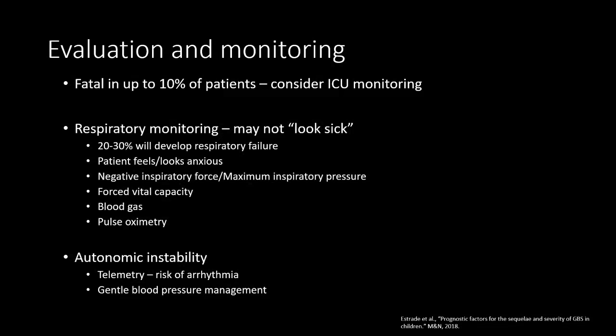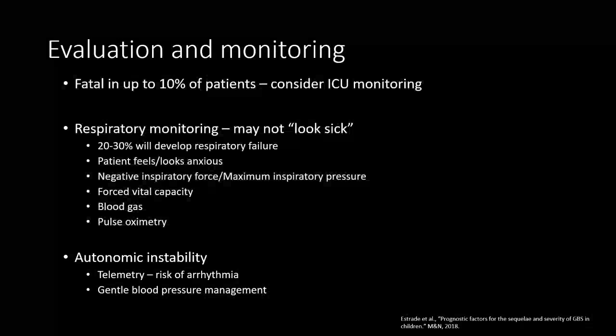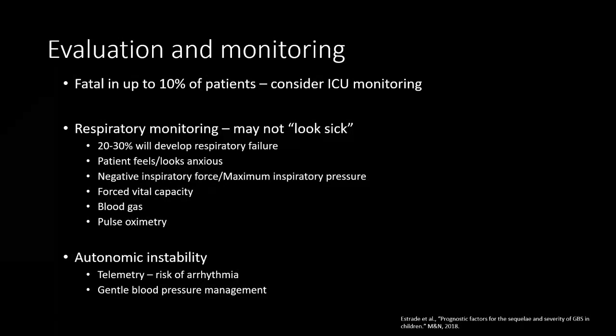Another significant complication can be autonomic instability. So these patients really should be monitored on telemetry because arrhythmias can occur. And then as neurologists, we should counsel our ICU colleagues to be cautious in terms of management of blood pressure and heart rate.